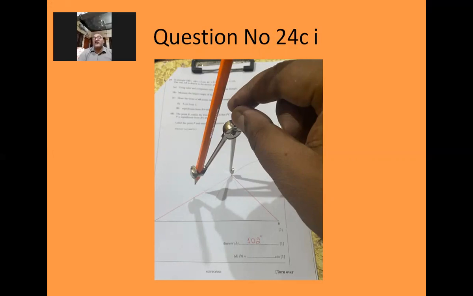My compass is open 5 centimeters, so I will put the pin of the compass on point C and draw a circle of radius 5 centimeters.